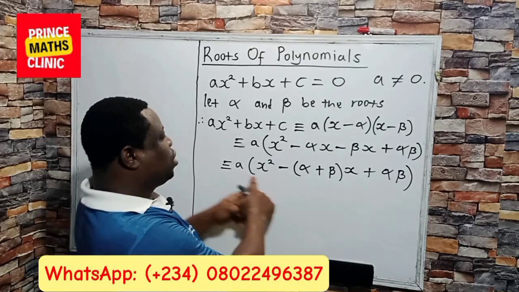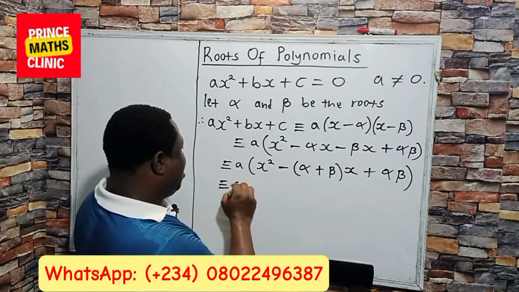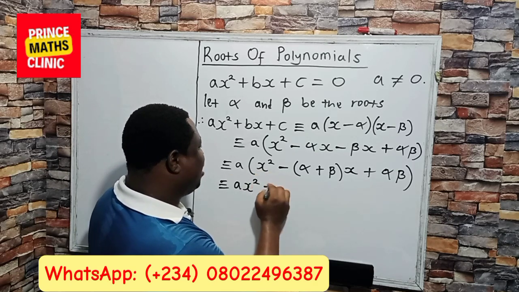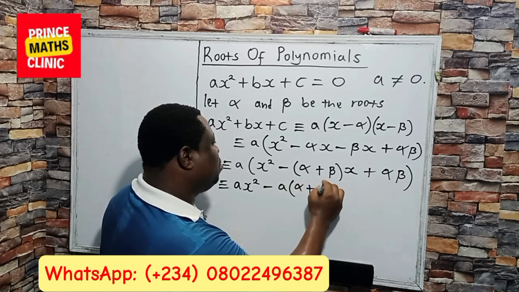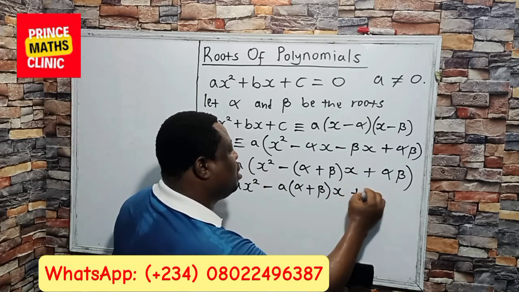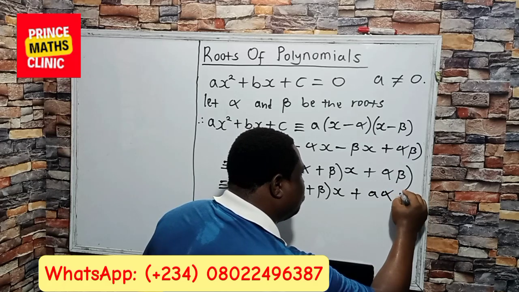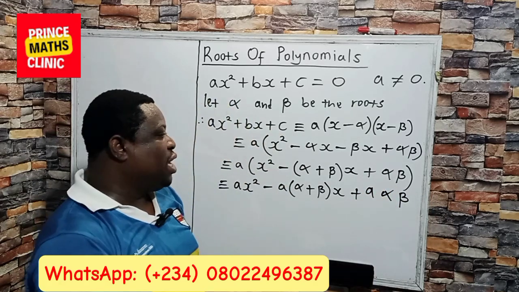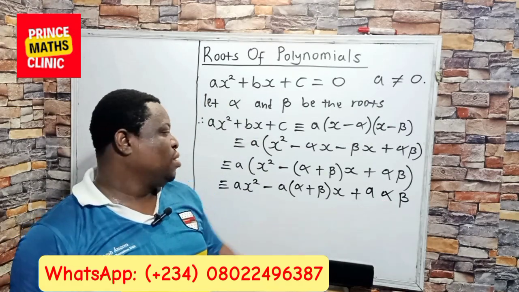So I want to distribute a over everything now. So this will still be equivalent to ax squared, then minus a, open bracket, alpha plus beta, x. Then a times alpha beta. Please ensure that when you write your a, you make your a different from alpha so that you can easily identify them.